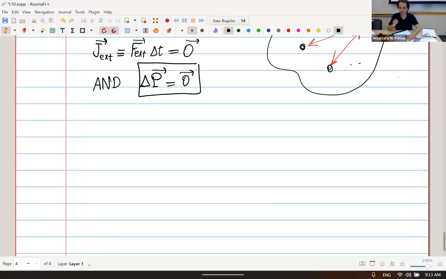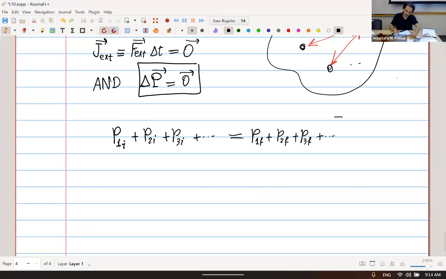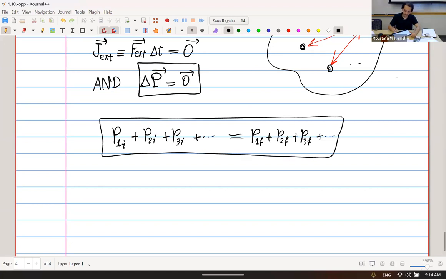Again, conservation of momentum doesn't imply the individual momenta doesn't change, but rather it's saying that P1 initial plus P2 initial plus P3 initial plus ... however many particles you have is equal to P1 final plus P2 final plus P3 final plus ... And this is the basis of collision problems.